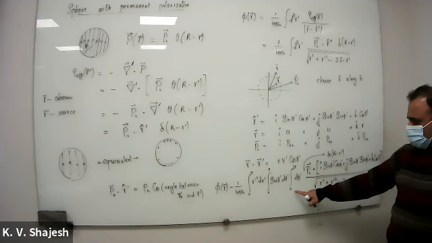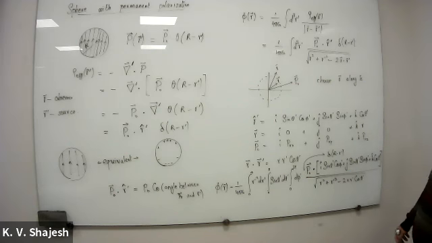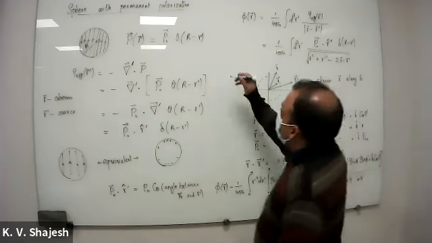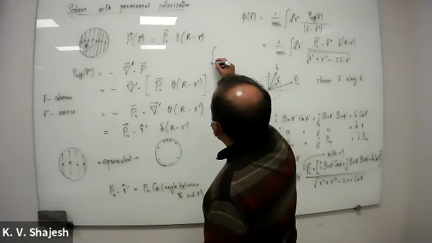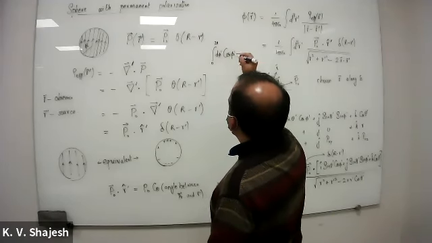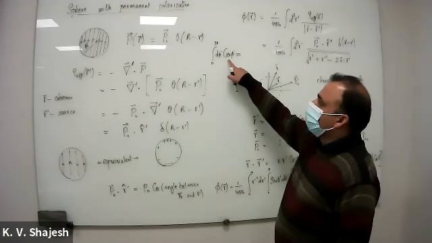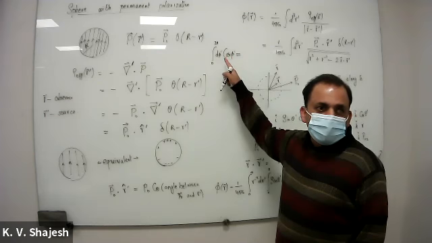And what is the integral from 0 to 2 pi of d phi prime cosine of phi prime? It's just 0, right? Very good, because it's a periodic function from 0 to 2 pi.